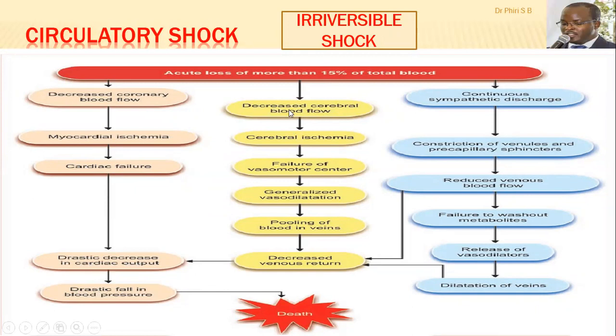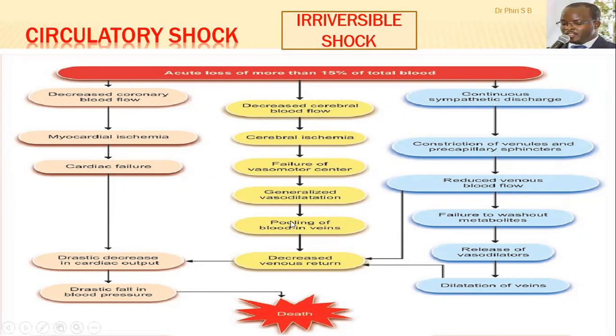Then you also have decreased cerebral blood flow. So the blood supply to the brain is decreased because you have decrease in blood volume. That will result into cerebral ischemia. That can also result into shock because there is damage to the neuronal cells of the brain. So you have failure of the vasomotor center. There is generalized vasodilatation because you don't have sympathetic stimulation.